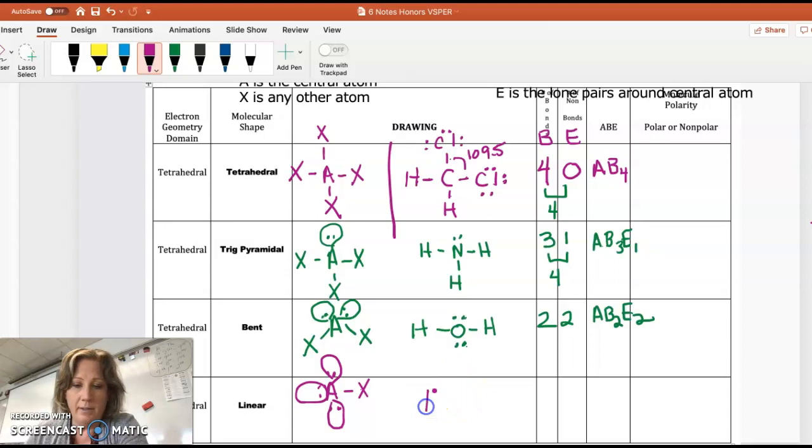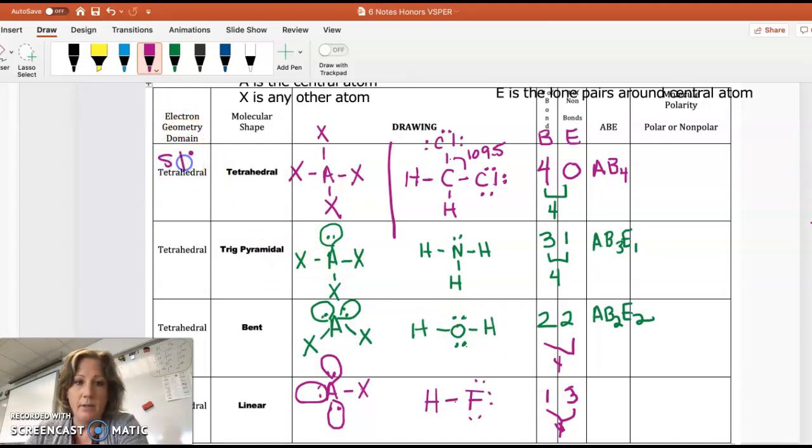An example of this is hydrogen fluoride, where the fluorine is the one that would be the central atom, has 1 bond, and it has 3 lone pairs. This still adds to 4, so does this one. So we know we're talking about Sp3 hybridization, or an electron geometry domain of tetrahedral.